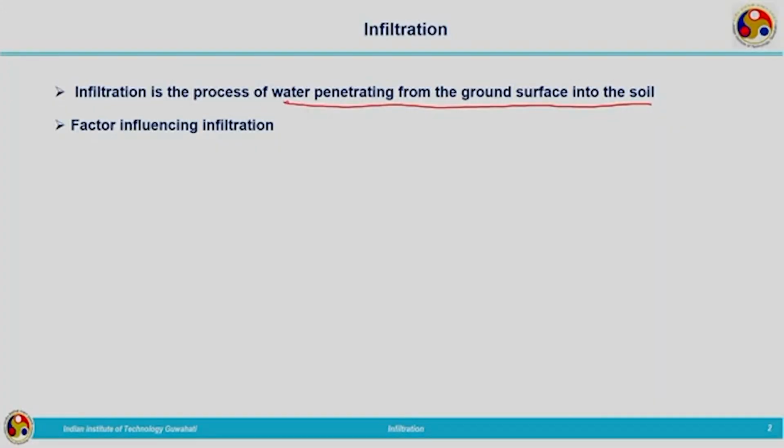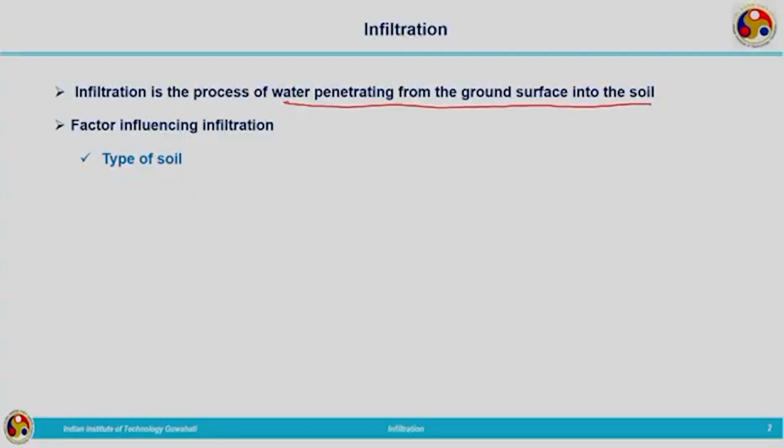First, let us see what the factors influencing infiltration are. Basically, this is the process happening through the soil. Definitely the type of soil will be an important factor. So, the first factor influencing infiltration is the type of soil. We have different types of soil, and all these soils have different types of pore space or packing.